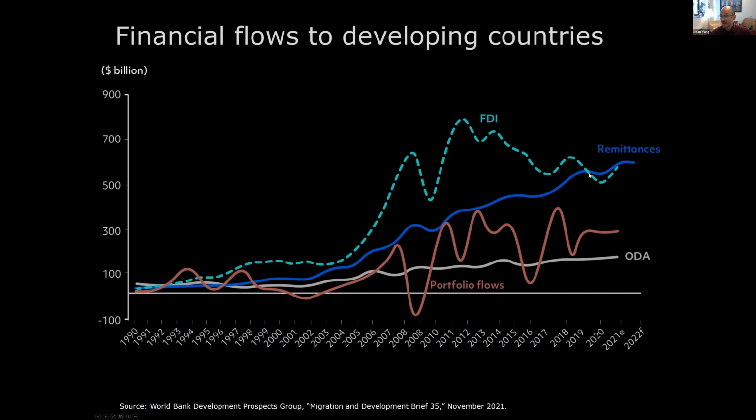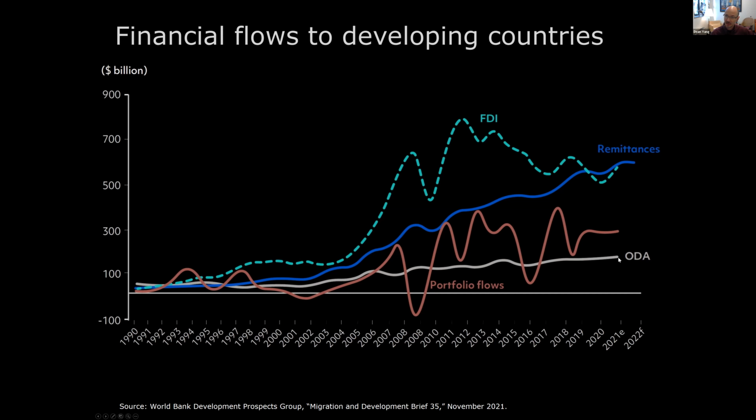And finally, in the wake of the pandemic, with the big decline in FDI, remittances have remained stable and even grown a little bit, and have actually become the number 1 type of international financial flow going to developing countries.